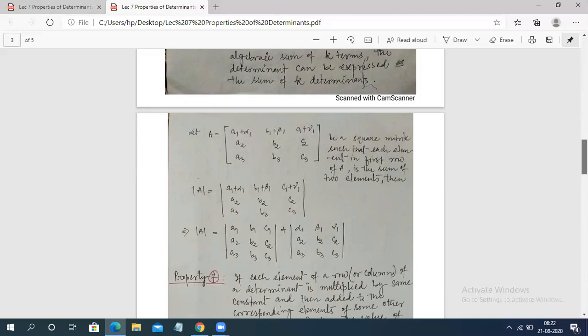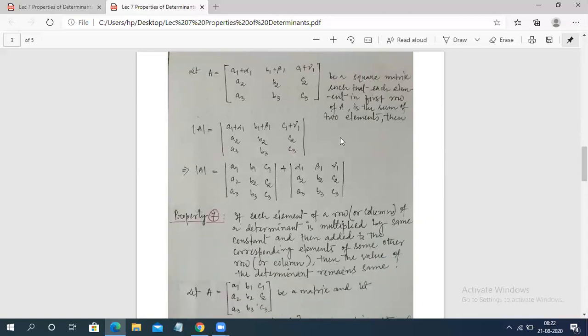So the determinant value of this A can be written as the sum of the determinants of k terms. Here k means two terms. This is the sum of two terms.